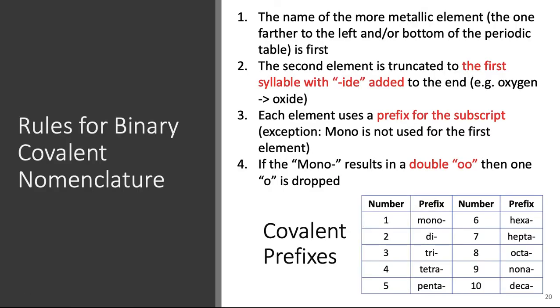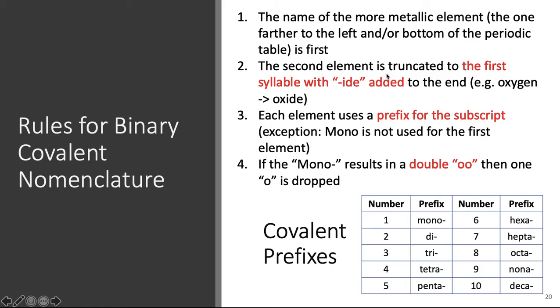What do I mean by that? Here are the rules for how to name binary covalent compounds. The name of the more metallic element, the one that is farther to the left or farther to the bottom of the periodic table, meaning the least electronegative, is first. That is the one that's listed first.